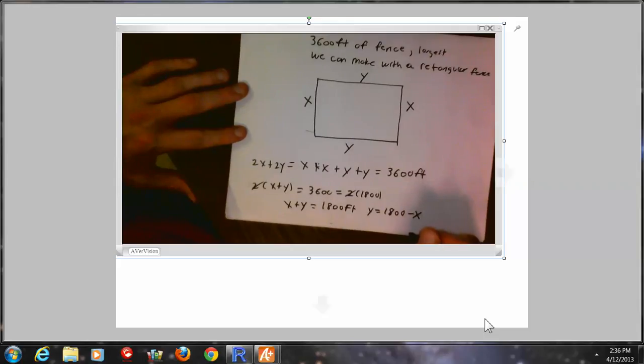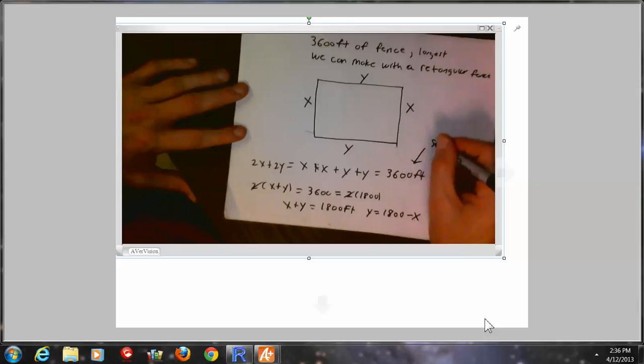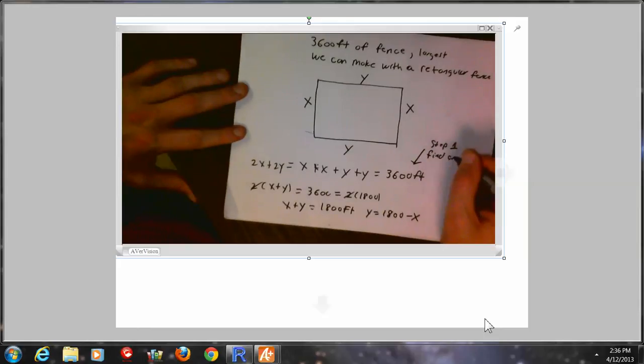The reason we're doing that is because we have an equation with two variables. So this is step 1: find an equation relating the two variables.